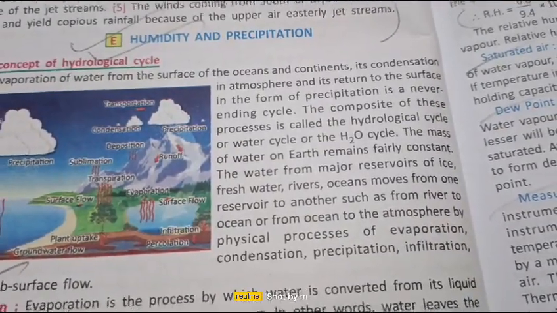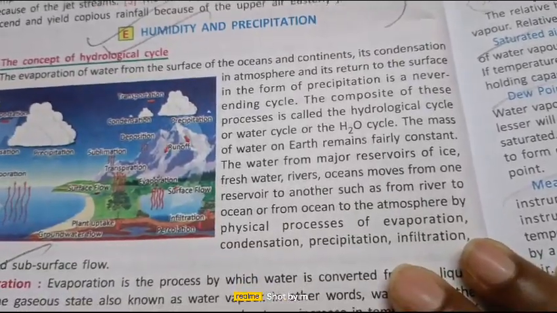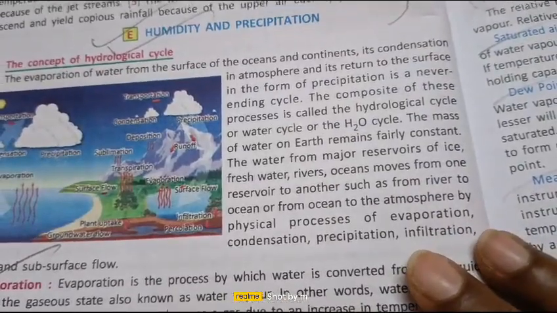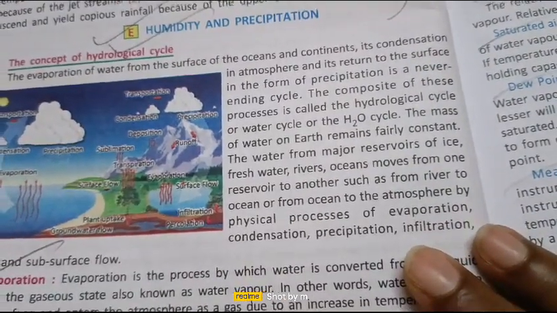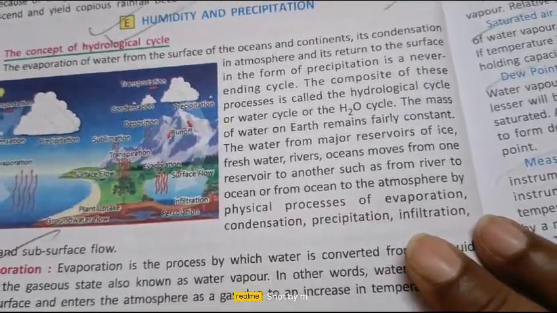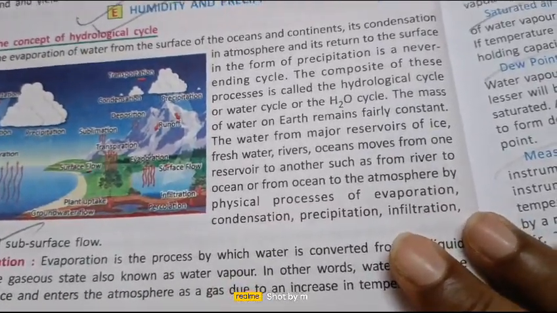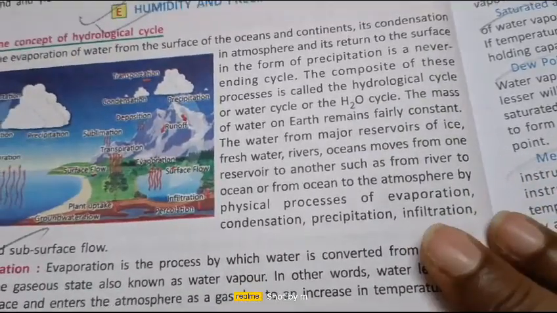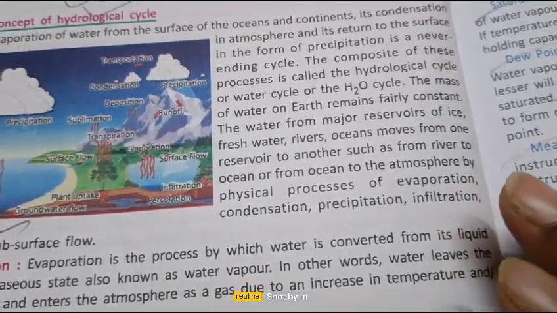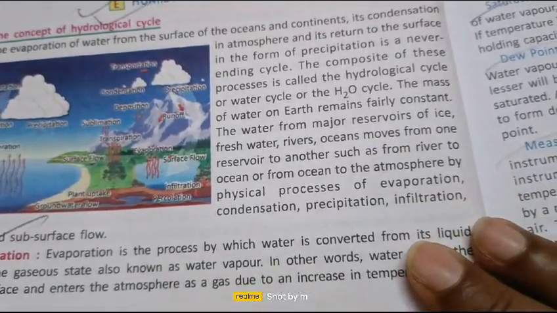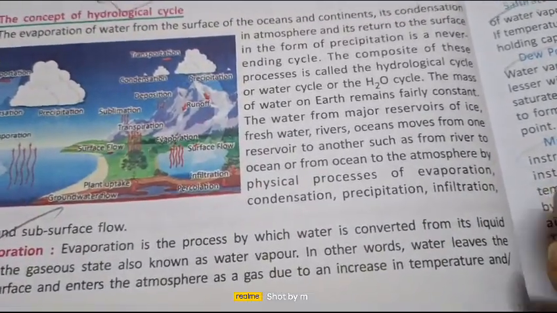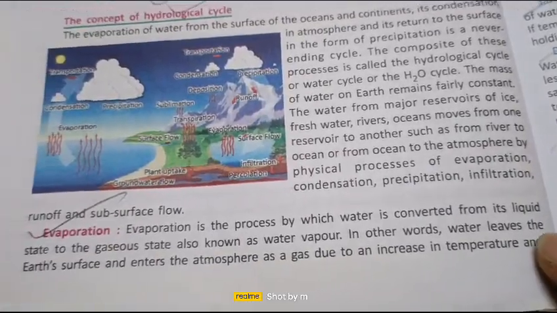The mass of water on earth that is being evaporated is fairly constant. The water from the reservoirs, ice, freshwater and oceans moves from one reservoir to another in the form of rivers or oceans, or from ocean to the atmosphere, by the physical processes of evaporation, condensation, precipitation, and infiltration.